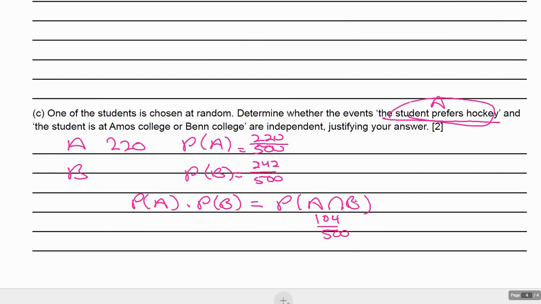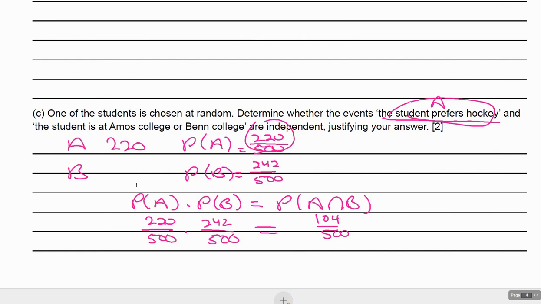Now the question is, if I multiply this times this, does it equal this? If it does, then they're independent. If it doesn't, then they're not. This is like we talked about in that other problem.